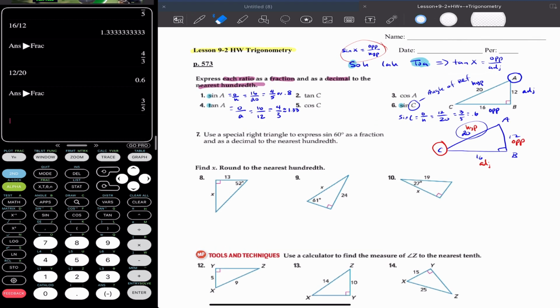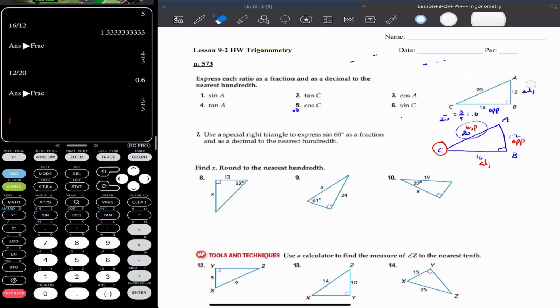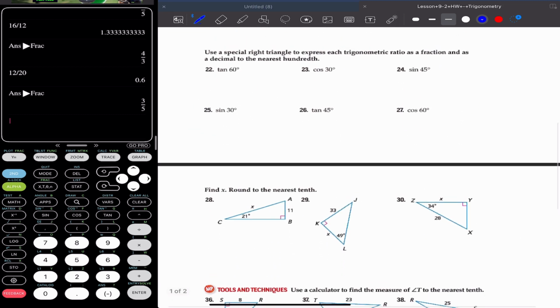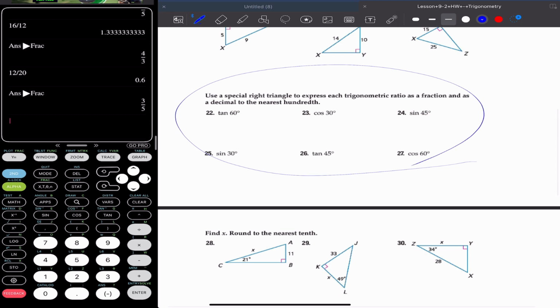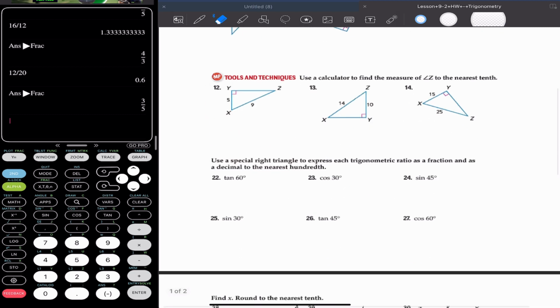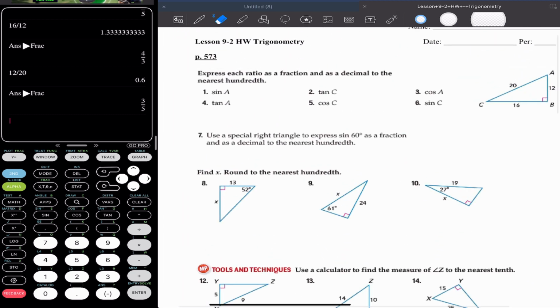All right, this is pretty much crowded. So I'm going to erase some stuff and take a look at number 7 here. Okay, I got asked a lot of questions about 7 and all of this, okay? So for 7 and what I just showed you over here, you need to use your special right triangles, okay?